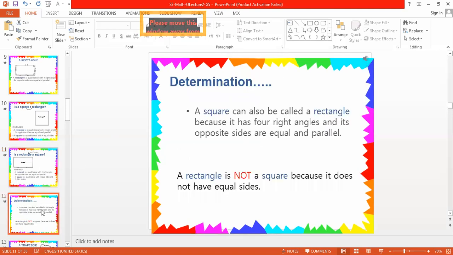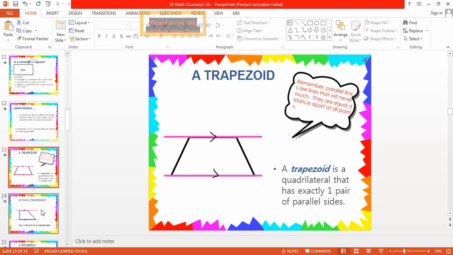Then we talked about the trapezoid, and we said that the trapezoid has only one pair of parallel sides, not all of them parallel. By the way, the trapezoid is also named by four letters, and they are clockwise. So A, B, C, D. What's the name of this trapezoid?